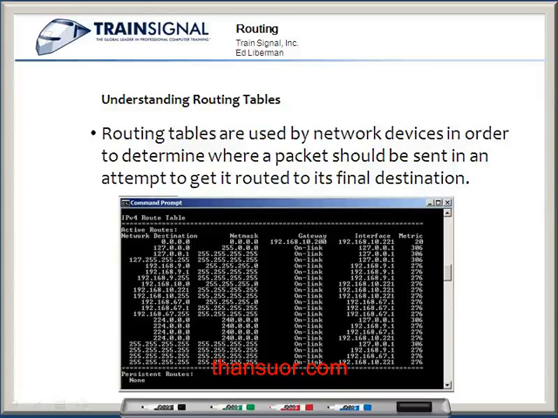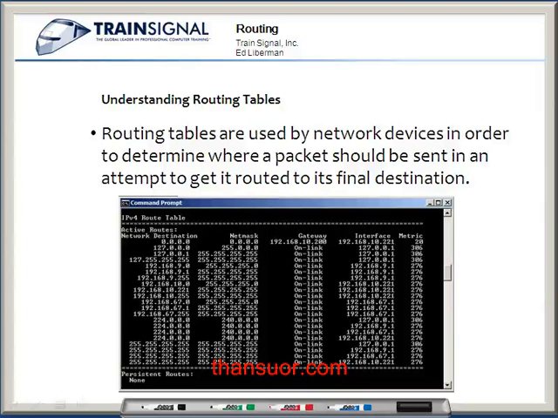But anyway, whether it be a computer, router, or any other network device, when it receives a packet, it takes a look at the IP address of that packet and says, well, all right, where do I send it? Where does it go? What do I do with this information? Now, if it's my own IP address, that's easy, right? I just keep it. But what if it's the IP address of another computer on the same network that I'm on?